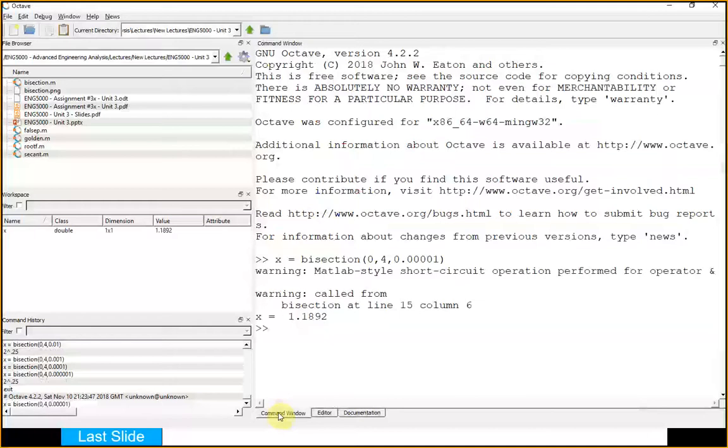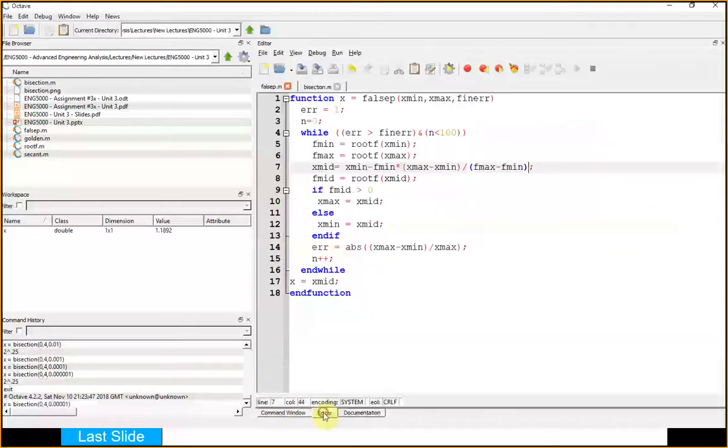Bisection, line 15, column 6. Go there. Possibly the n++ not working. I doubt that. But let me write n equal n+1, just in case something is going on that I don't know about.